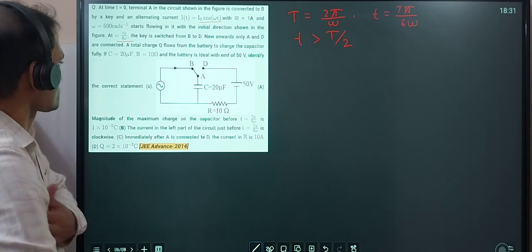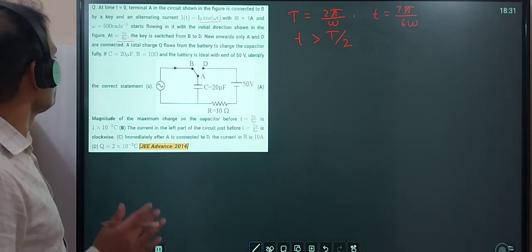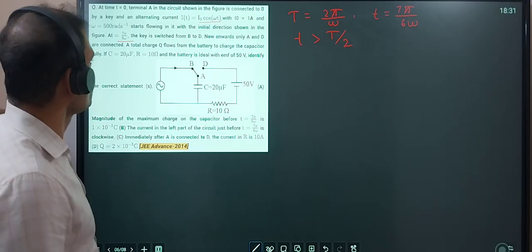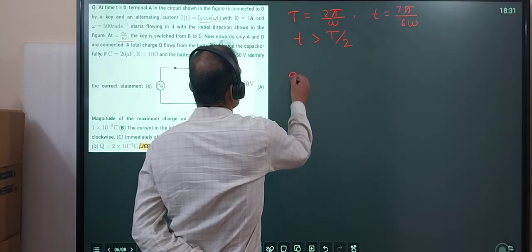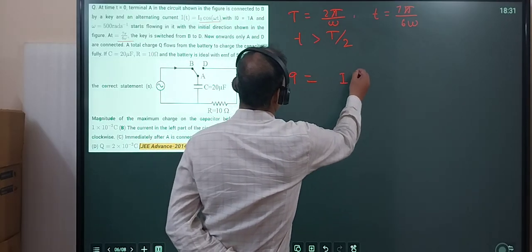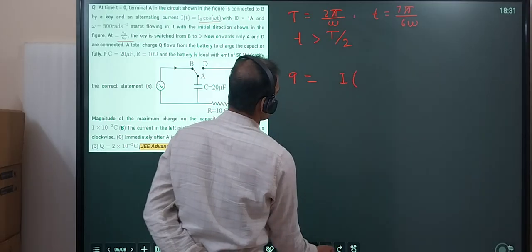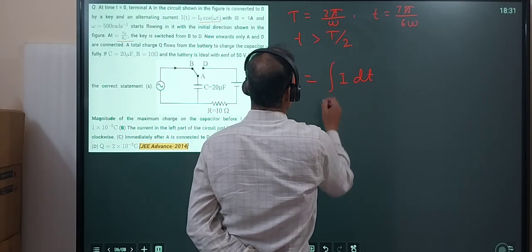So we have to find the maximum charge on the capacitor before this. So we have to find the charge, but current is given. Charge will be given by this formula, integral of i dt. We will do indefinite integration.